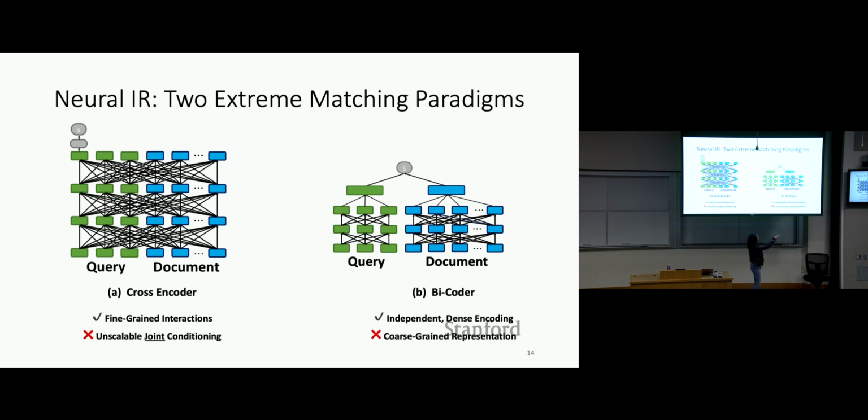And what that means here is that the documents can be pre-computed once and for all. You just take the final embedding that you can compute for that document and compare it with the query that comes in. So that solves a performance problem in a significant way.